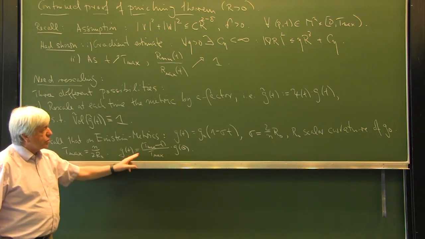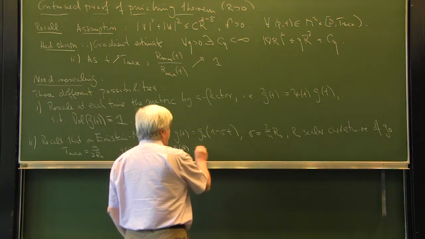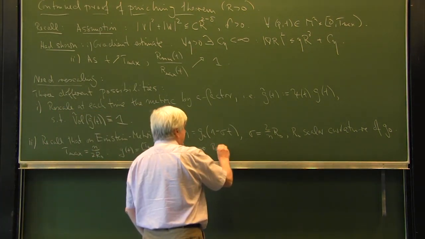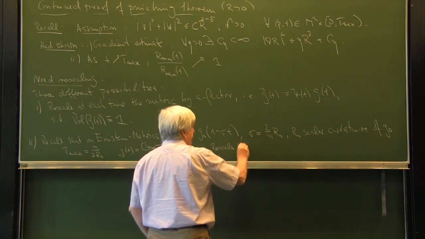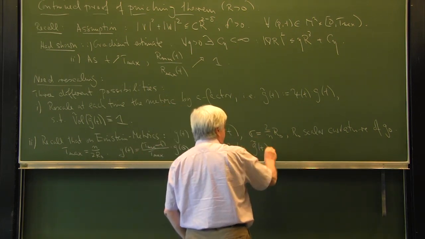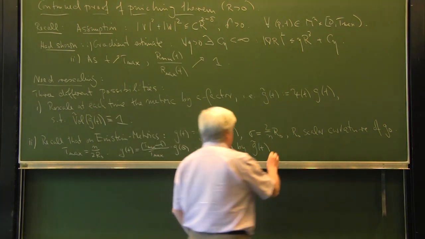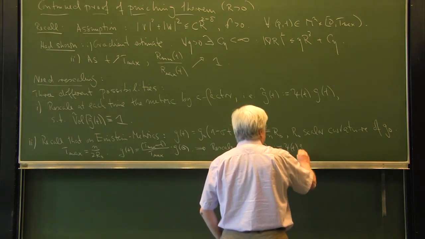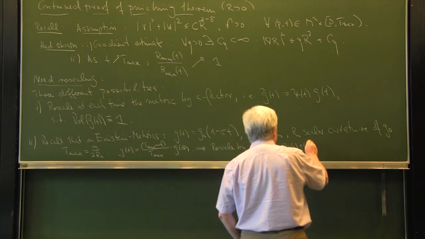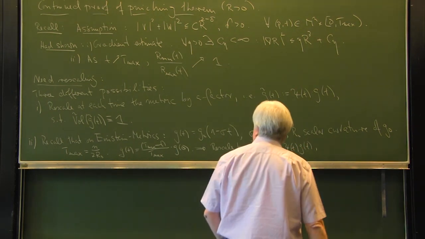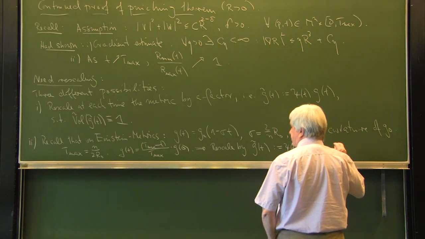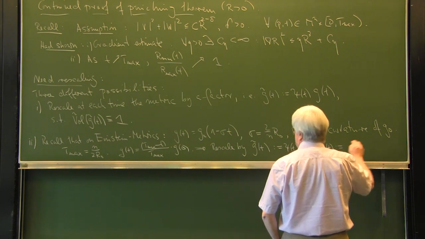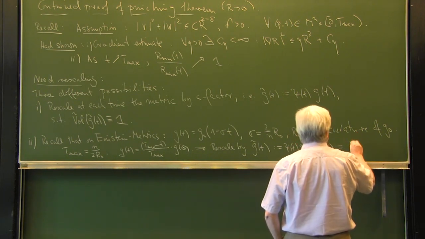So here you could try and rescale by g tilde of t for a general metric now, just rescale by psi of t times g of t, where psi of t is equal to the inverse of this.